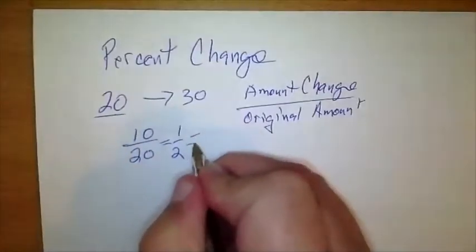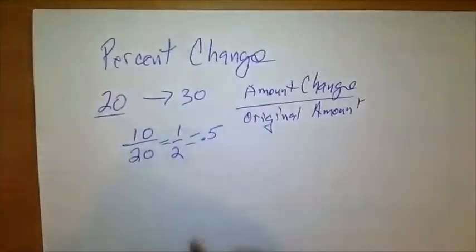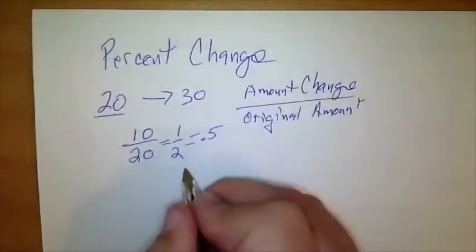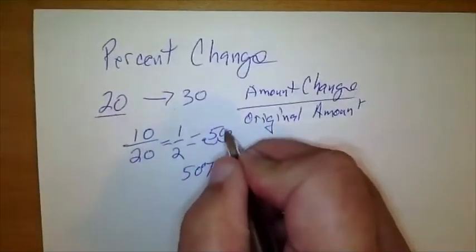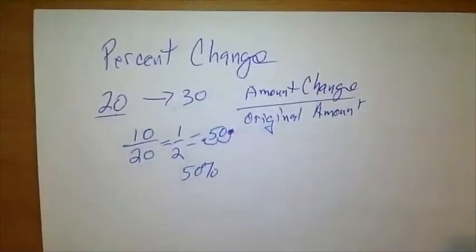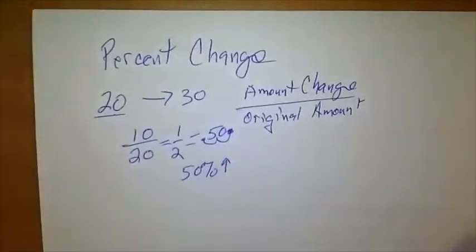If I convert it to a decimal, I get 0.5. And if I convert it to a percent, I get 50% because I moved that decimal point 2 spaces. So what we would say for the answer to this one would say it went up by 50%. So it had a 50% increase.